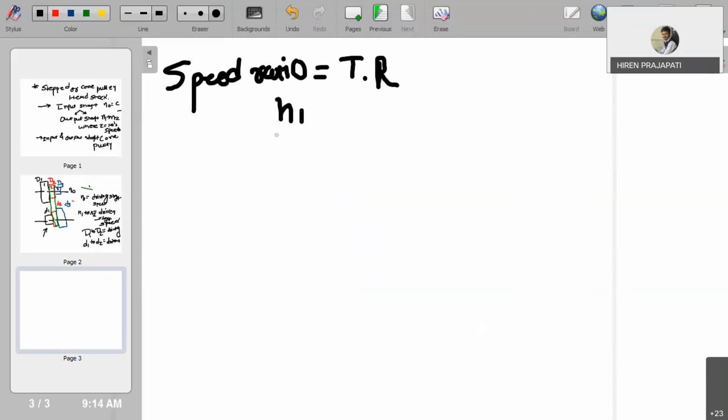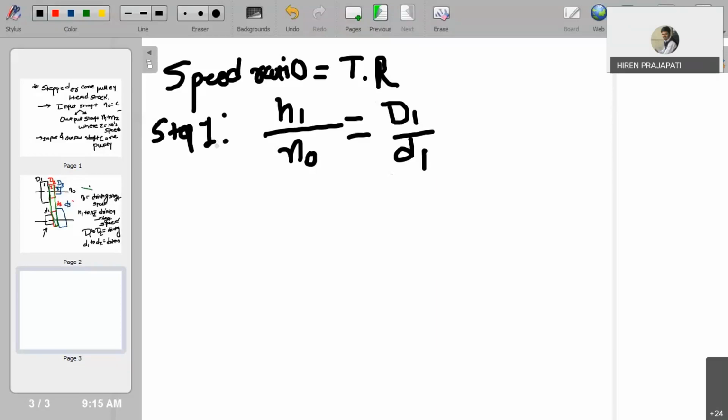So the speed on the output shaft from the input shaft, if you are using pulley 1, then N1 by N0 is equal to, in case of belt drive, nothing but the diameter ratio, right? So I can say input shaft diameter to output shaft diameter. This is for step 1, means if you are using pulley 1, then you get step 1, and for that we have this speed ratio or transmission ratio, right?